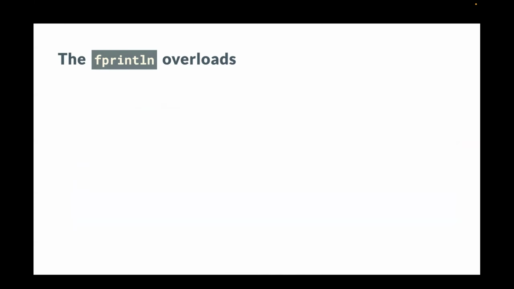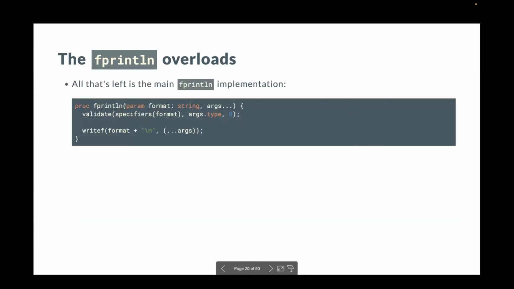And finally, the good case in which the user provided the correct number of format specifiers that matches the number of arguments, we call our recursive validate function starting at 0. And if that function doesn't emit a compiler error, it's basically an empty function. So it gets elided, and we write the string using the runtime writef functionality, which is now guaranteed to work.